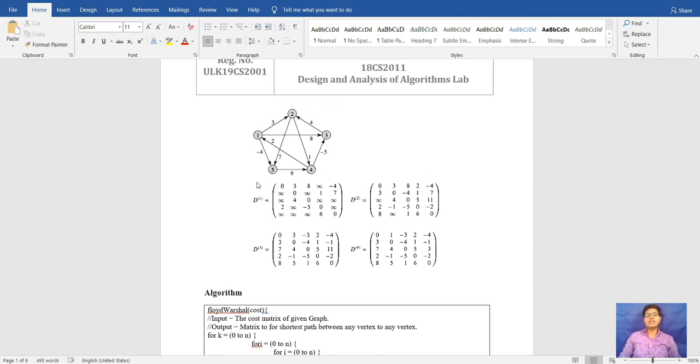From d1 to d4, it will go from 1 to 2, 2 to 3, 3 to 4.